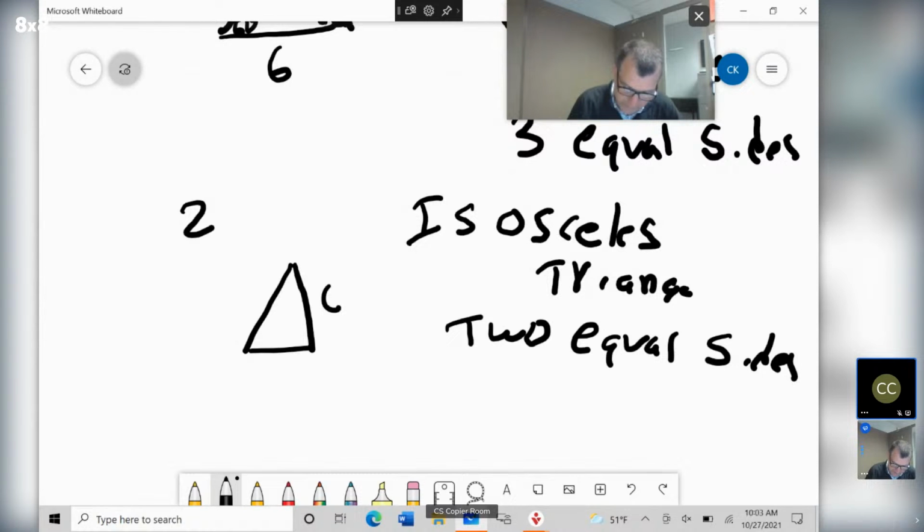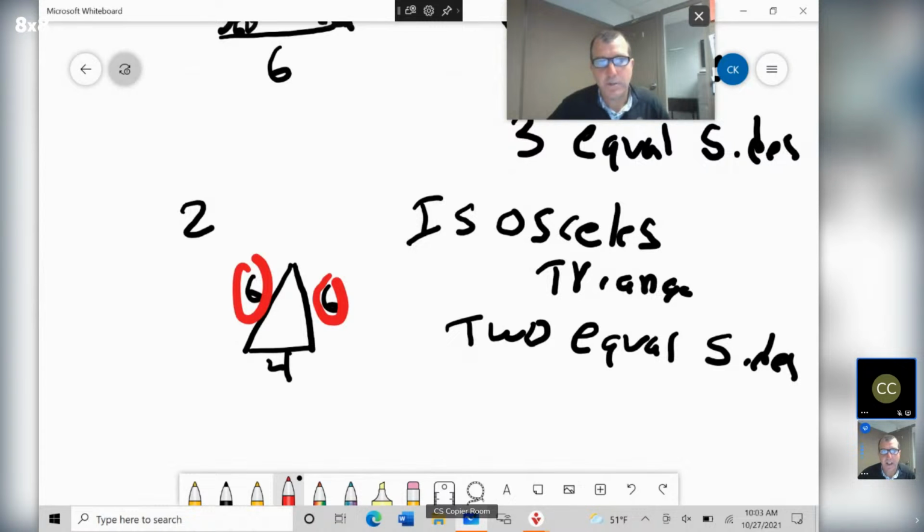So this one would be 6, this one would be 6, and maybe this one is 4. You have the two equal sides, both 6, and that would be considered an isosceles triangle. We'd also have two equal angles, this angle and that angle. You're going to have two equal sides and also two equal angles. That would be isosceles.